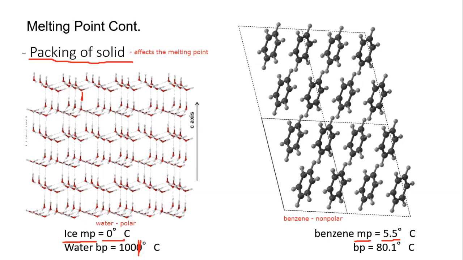Now, if you look at the boiling points, well, obviously water has a greater boiling point because boiling points are affected by the intermolecular forces, and water has stronger intermolecular forces, so it has a higher boiling point. But for melting points, what affects them is the packing of the solid. And this should be 100 degrees Celsius, not 1,000 degrees Celsius.